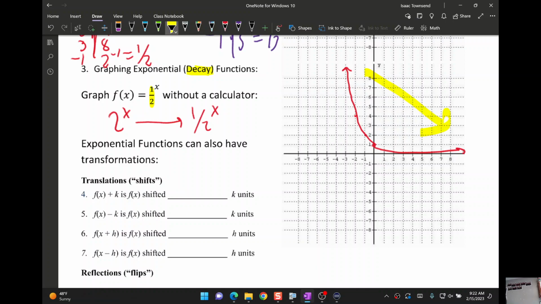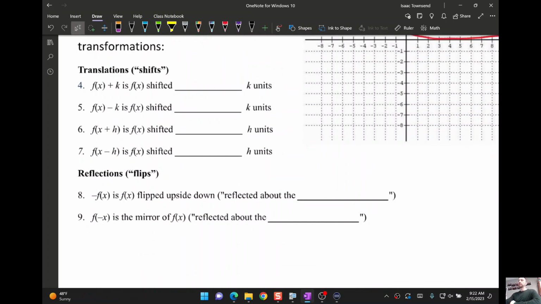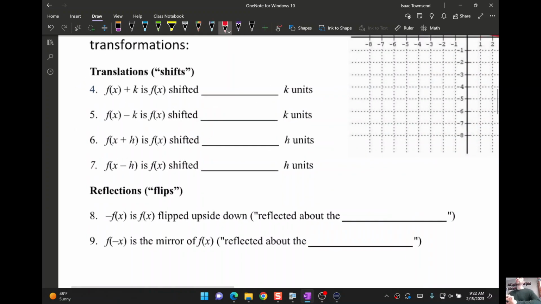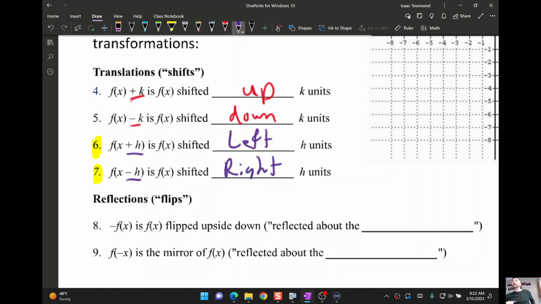Now, of course, we're going to work with more interesting functions than that, but most of what we need for anything more complex is to just review the transformation rules. So, same transformation rules that we used in first semester, the same transformation rules you learned in Algebra 2. If you just add a number to the outside, it's going to shift the whole graph up that much. You subtract a number from the outside, it's going to shift the whole graph down that much. The two that are not real intuitive: if you add to x, it goes left that much, and if you subtract from x, it goes right that much.